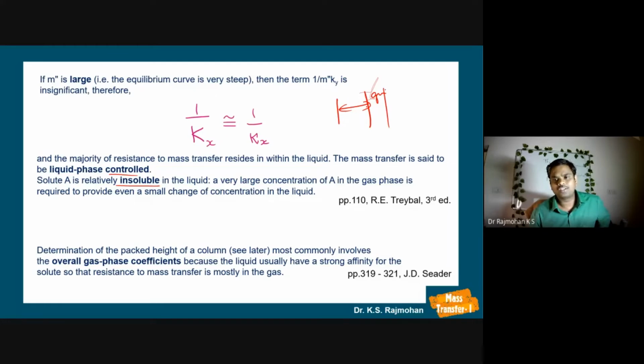So the overall resistance is going to be highly influenced by the resistance in the liquid film alone. So the other term 1 by small ky is negligible, and we will have 1 by capital Kx equivalent to 1 by small kx, which means that the liquid film is controlling the mass transfer. So the rate of mass transfer is controlled by resistance in the liquid film.